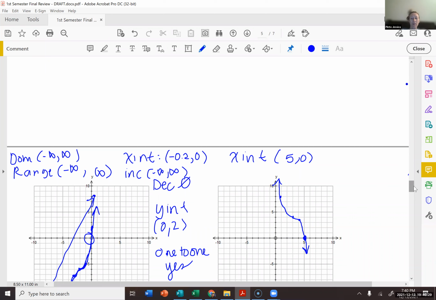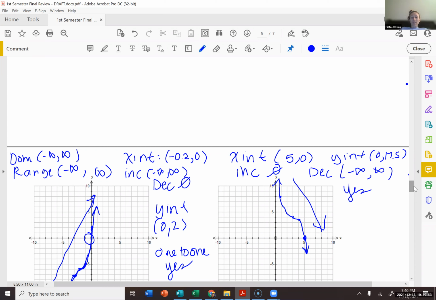The Y-intercept is (0, 17.5). This one is always decreasing because the A value is negative. So the increasing interval is empty, but the decreasing interval contains all the numbers. And then, yes, this is 1 to 1.